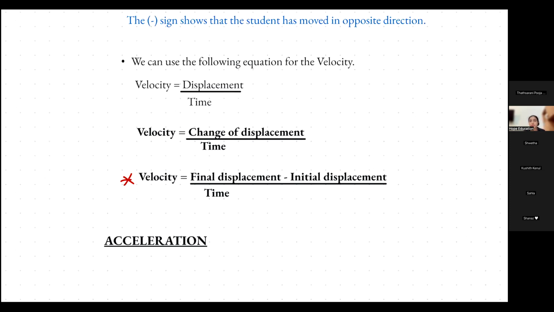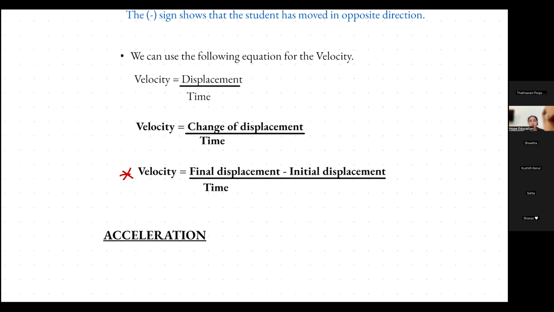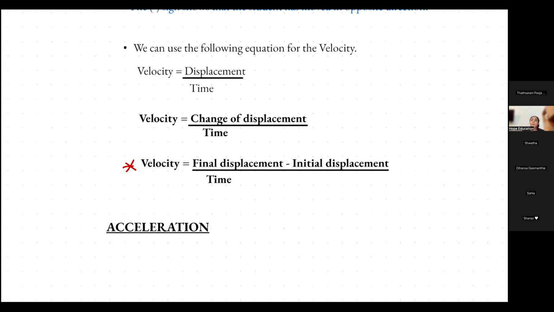Others put the topic acceleration. Okay. Let's move on.